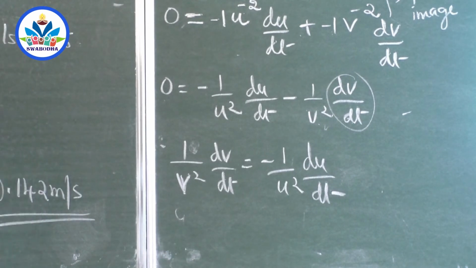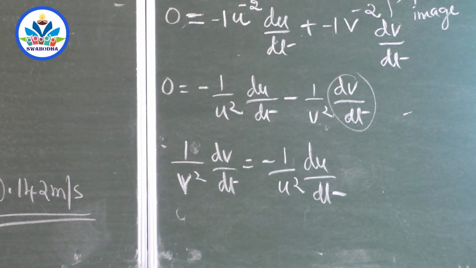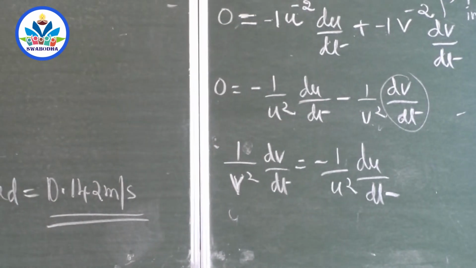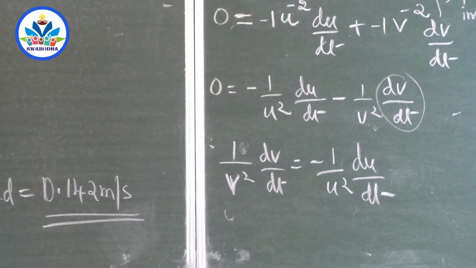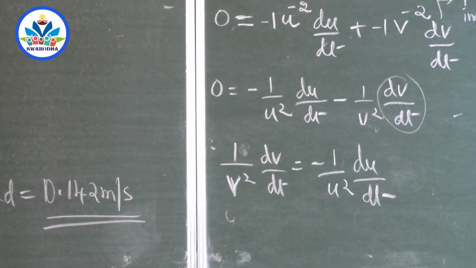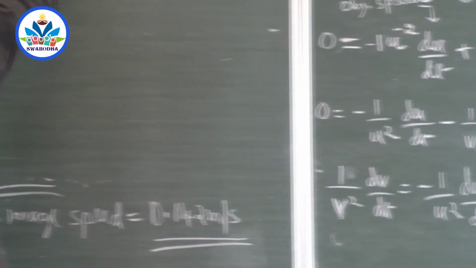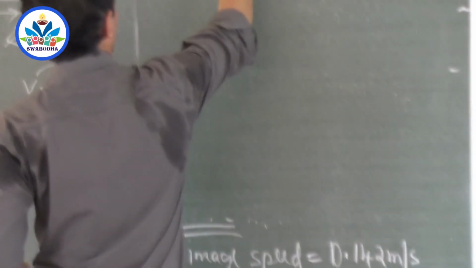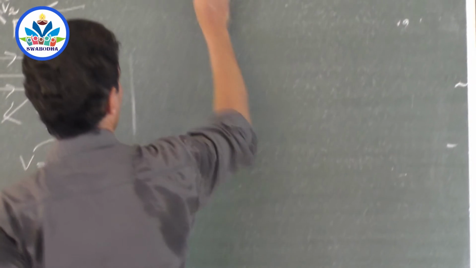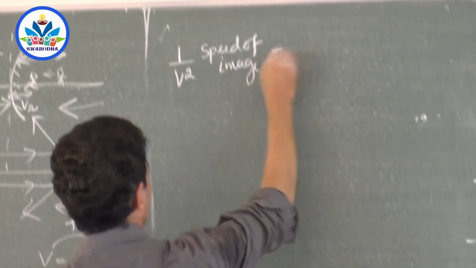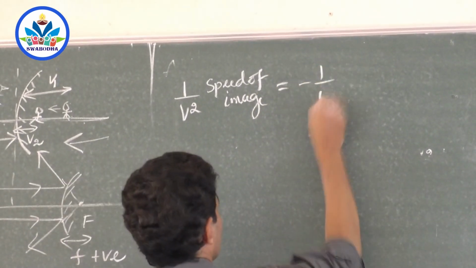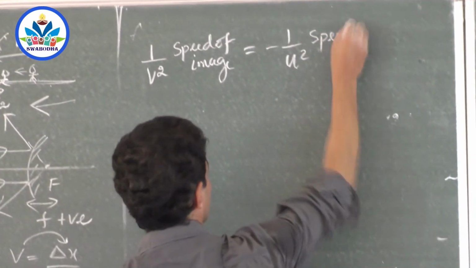Okay, shall I rub this? We have the answer. I will keep the answer here only so that we can compare it. You will get a very close answer. Okay, so we will shift it here. 1 by v square dv by dt is equal to minus 1 by u square du by dt. 1 by v square, speed of image, is equal to minus 1 by u square speed of object.